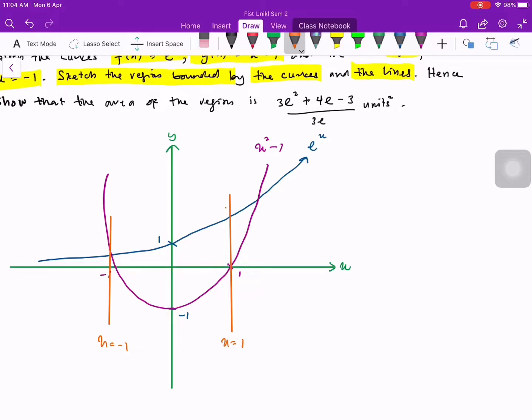So the region that we're looking for is actually this part. We want this region, which is bounded between the curves and also the lines.